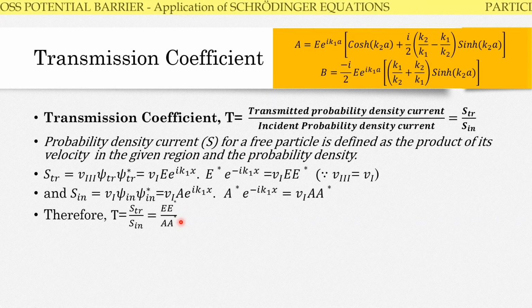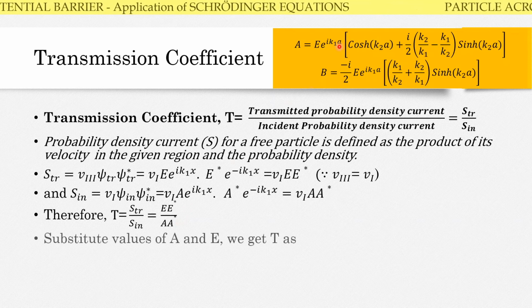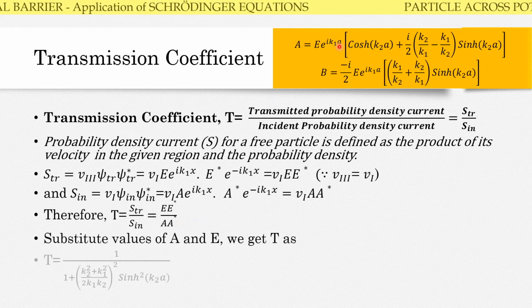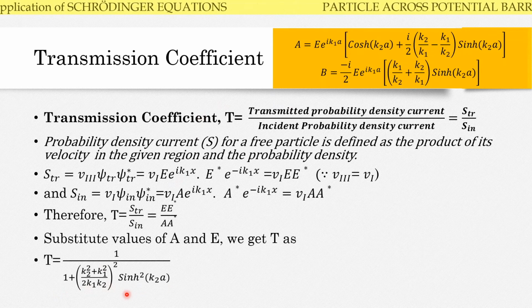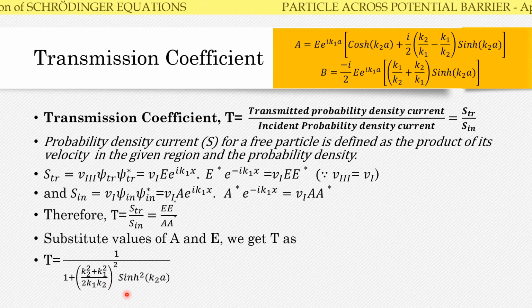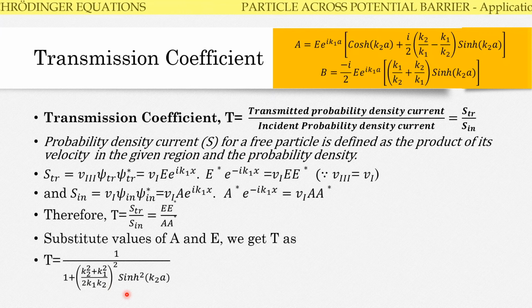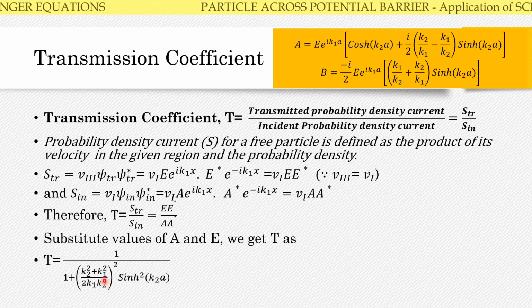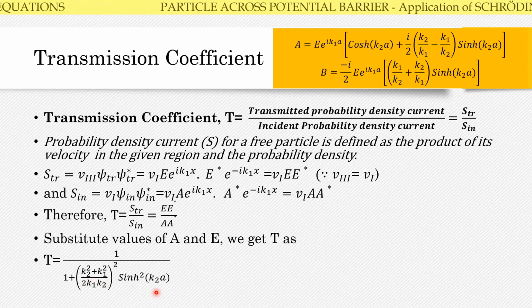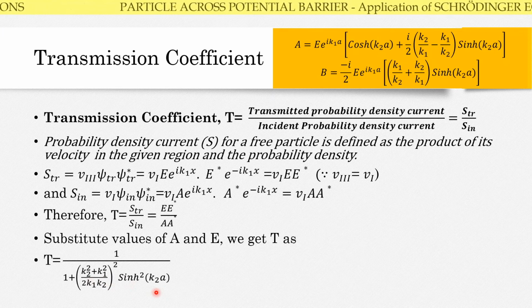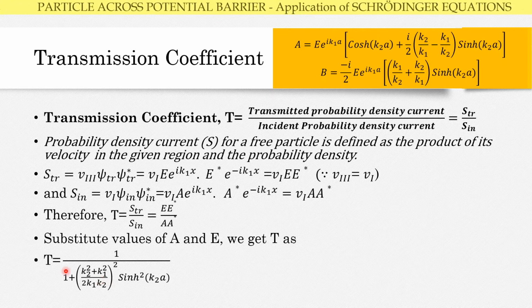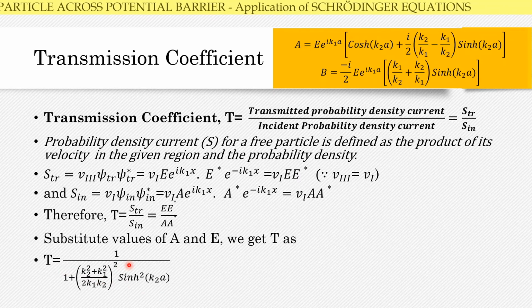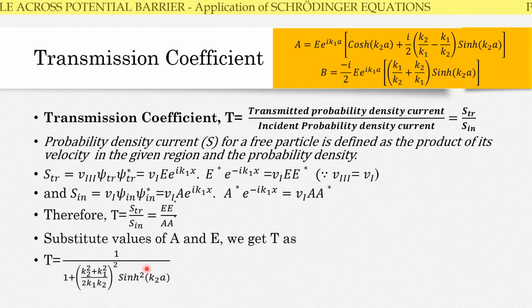So substitute the value of A from here and you will get the transmission coefficient as this much amount in terms of k1 and k2. You can also see again that, as the reflection coefficient was not 1, the transmission coefficient is not 1, and at the same time it is not 0 also.